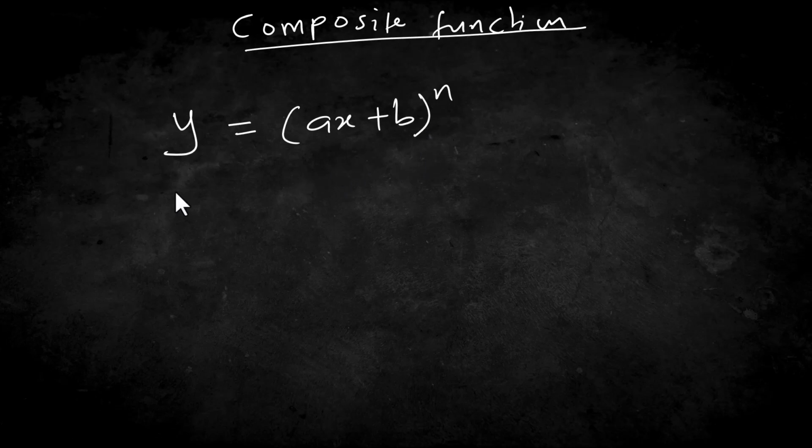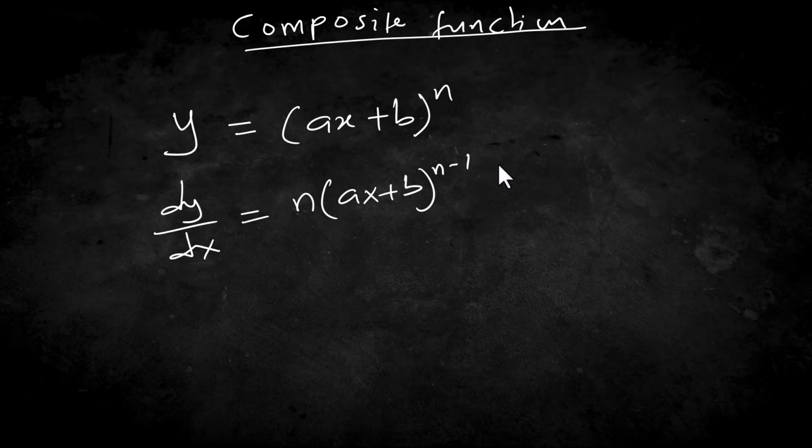All right. So dy/dx. I'll differentiate everything. So this one will be n times (ax plus b), I'll reduce the power by 1, times, then I'll differentiate what is in the bracket. So that will be d/dx of (ax plus b).